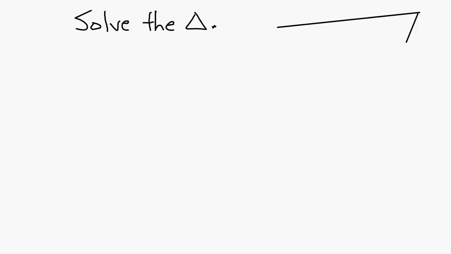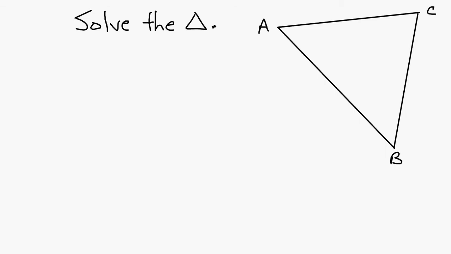So here's how it works. You're going to be asked to solve the triangle. And if you're given triangle ABC, angle A is 62 degrees.